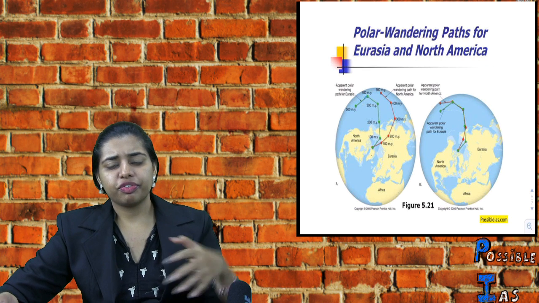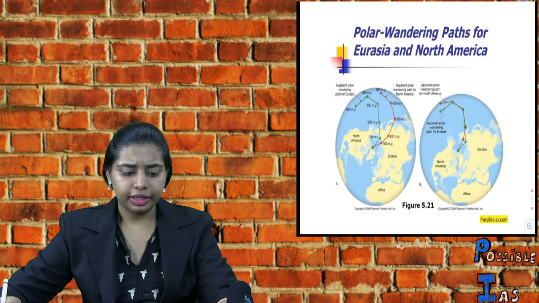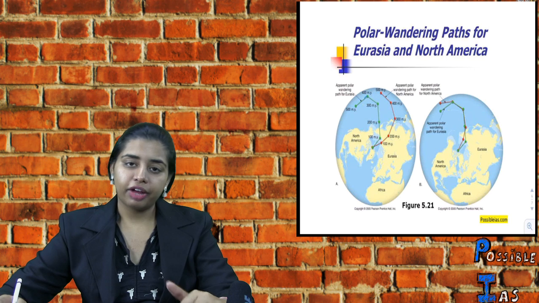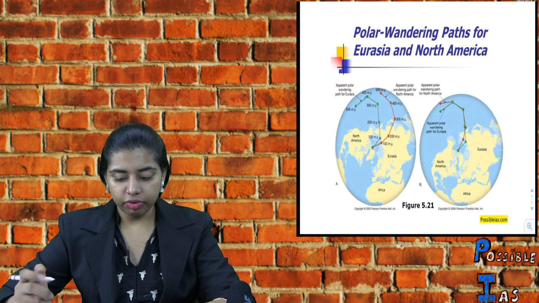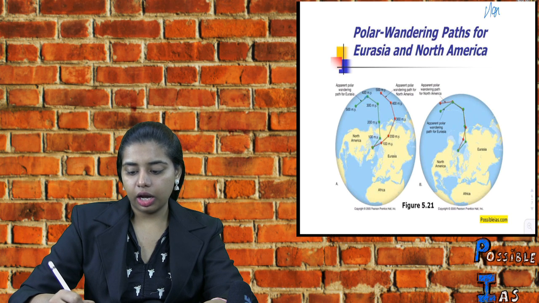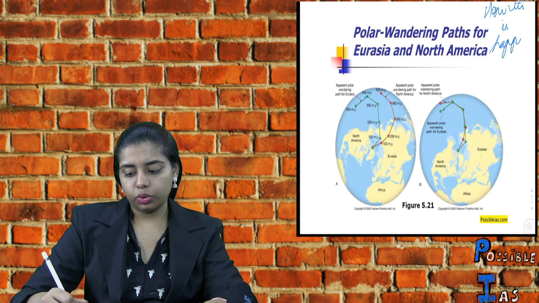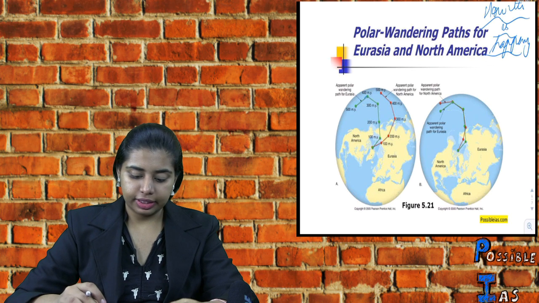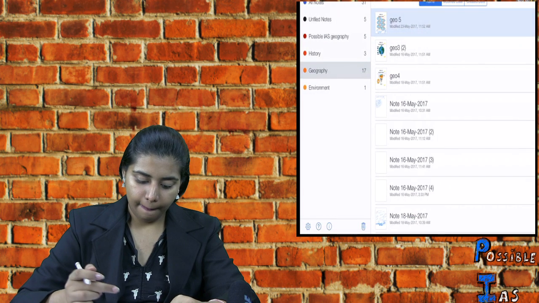So these were the different evidences given for the plate tectonics hypothesis. Now we have done the evidences, so we have to question ourselves how this is happening. Now we have to do the mechanism for the plate tectonics hypothesis.